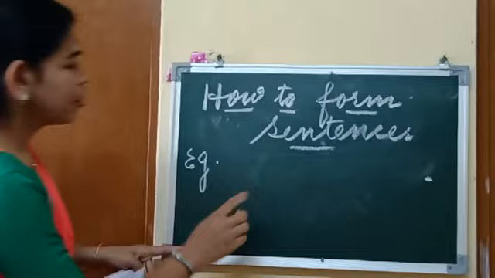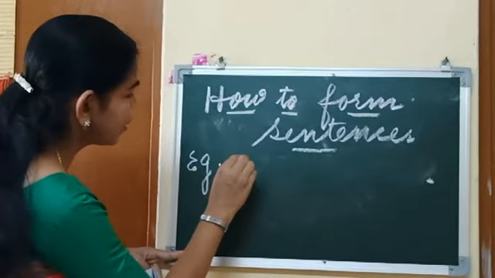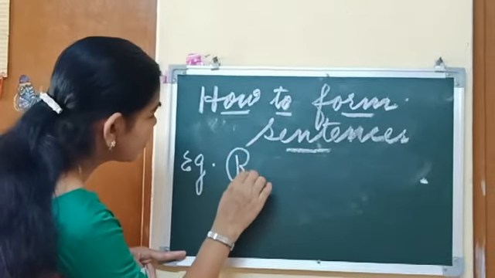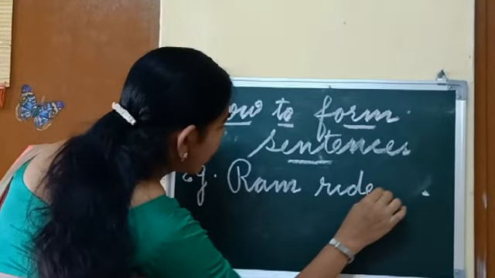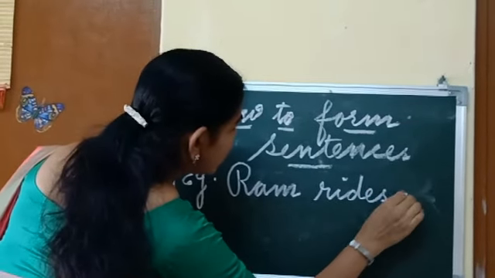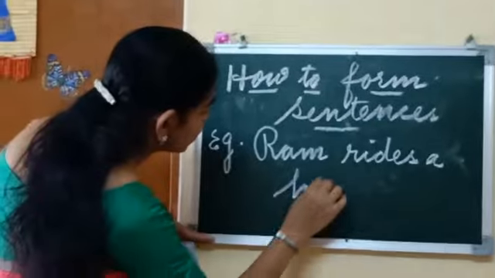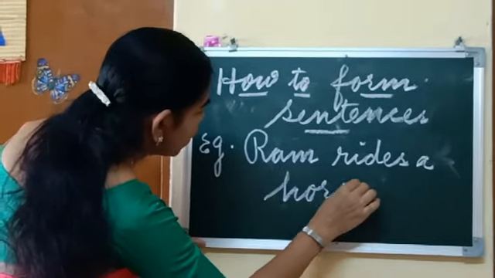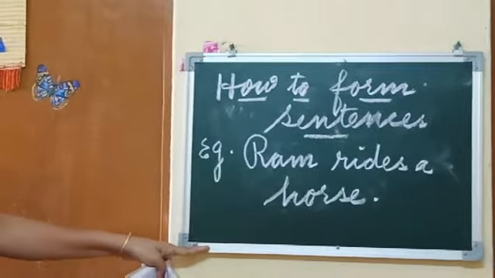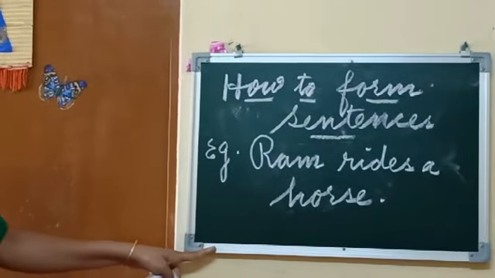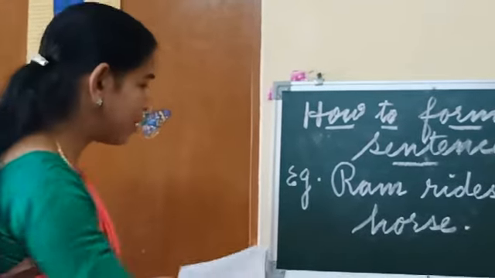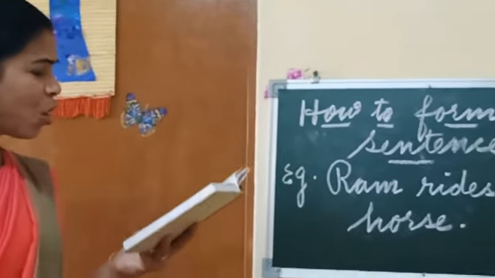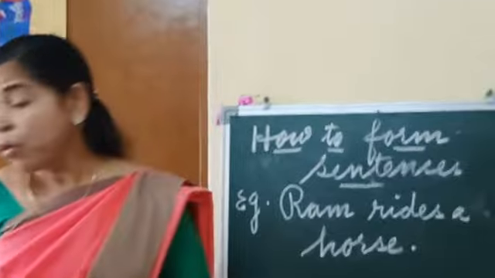First I will place the subject, Ram. Then we will place the verb. Ram rides a horse. See, it has meaning. If we say to someone, Ram rides a horse, they will understand it because this sentence has some sense or meaning.